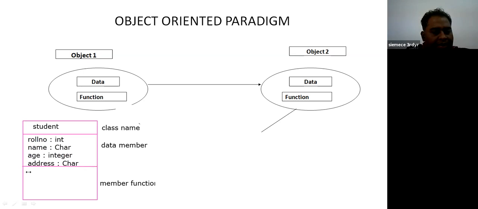Now there can be functions. Like function means pay, this is the function, like return type. Pay semester fee.